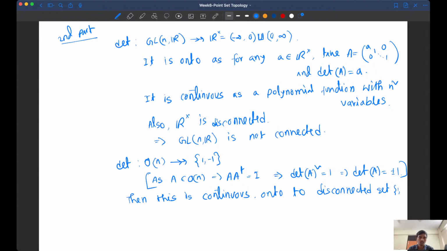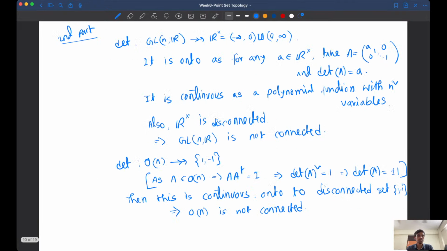So this implies On is also not connected. Okay, so this is just a consequence of that.